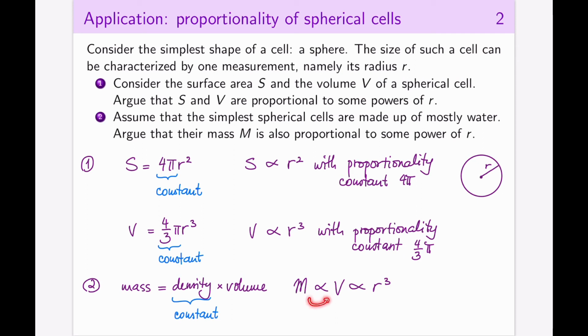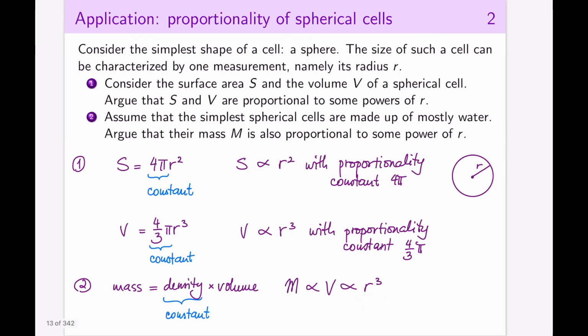Remember that every proportionality means that there is simply just a constant present in front. So the other way to write this down is this is some constant times the volume, and the volume itself is some other constant times R cubed. Combining the two constants together, we have that the mass is proportional with a new constant to R cubed. So with the density being held constant, mass is proportional to the cube of the radius.